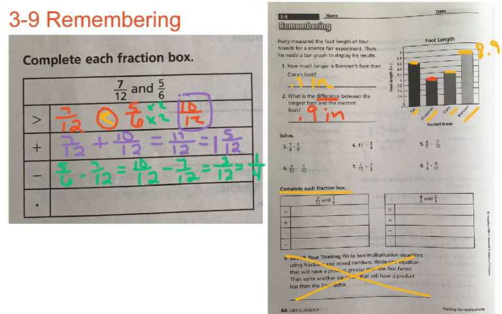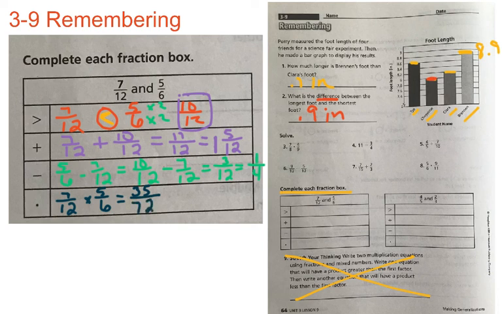In our last one, we have multiplication, and so we have 7/12 times 5/6. We cannot cross simplify here, so we have 7 times 5, which is equal to 35, over 6 times 12, which is equal to 72.